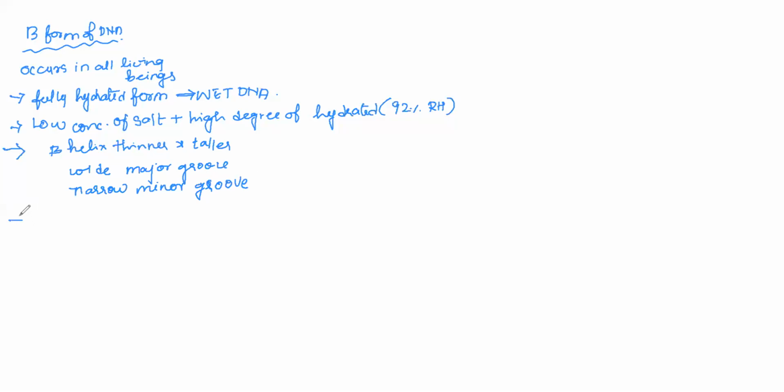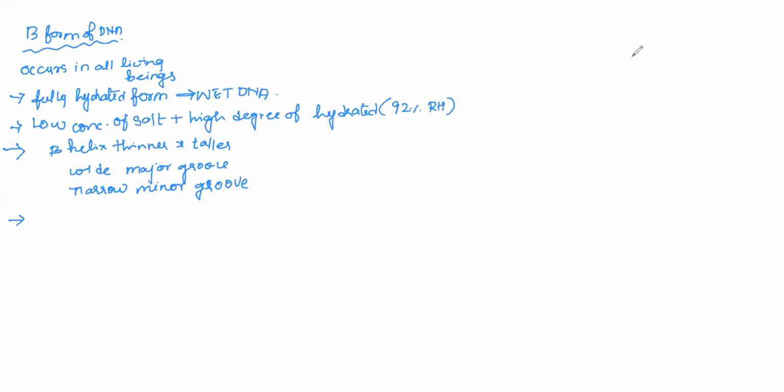As of now, you know that the B form is the common form which we are studying right from the beginning, right? So I think all these points you must be aware of very well.